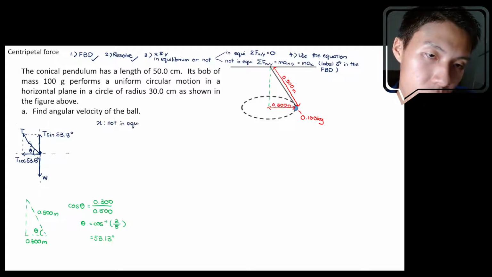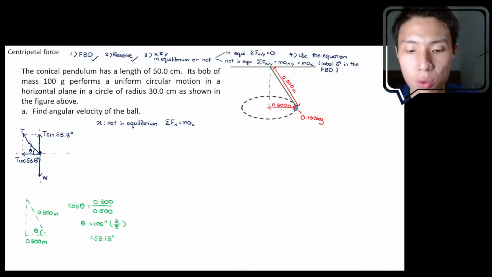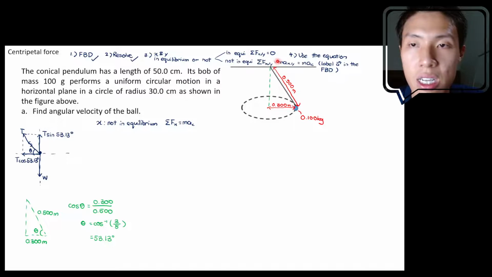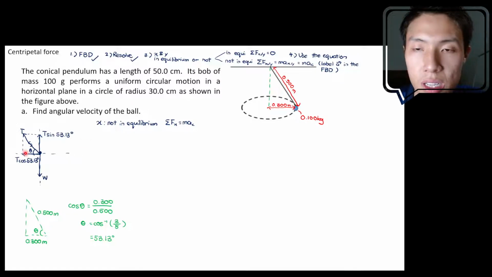The x dimension is not in equilibrium, and we are going to analyze the forces using sum of Fx equals m a centripetal. Because we are going to use this equation to analyze the x-axis, we should also label the direction of acceleration in the free body diagram. The direction of acceleration is always pointing towards the center of the circle.